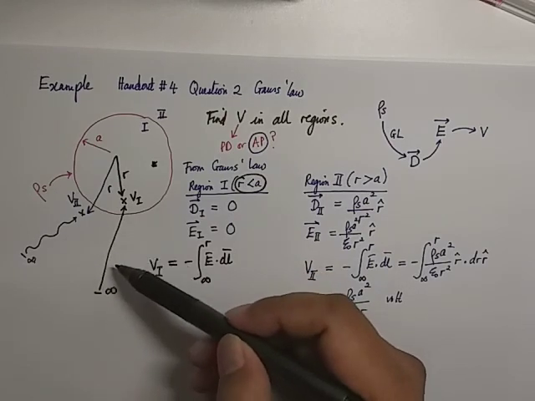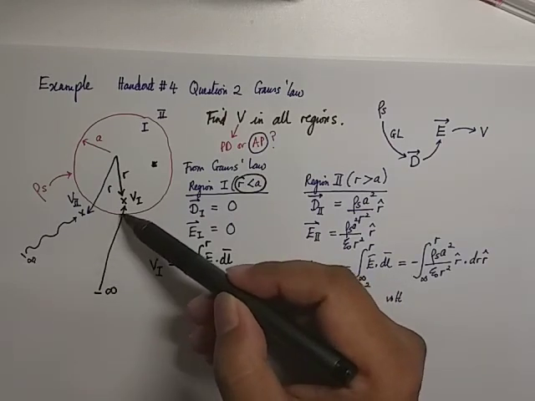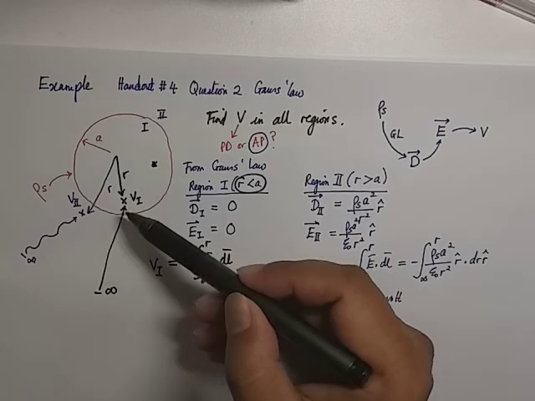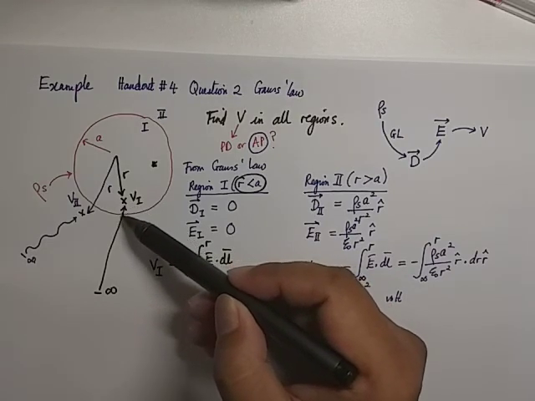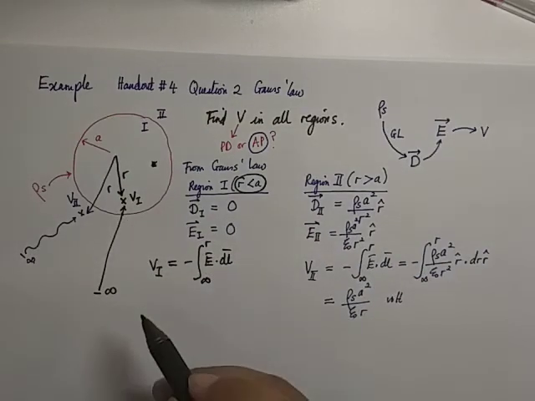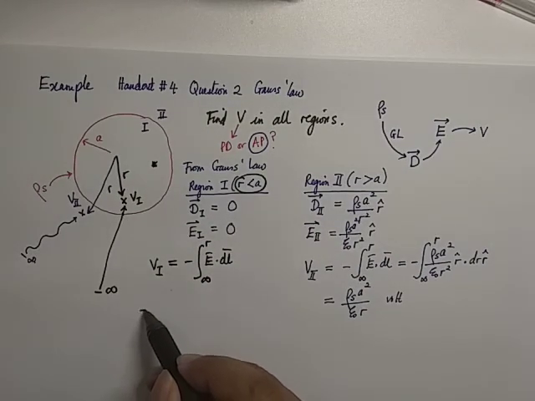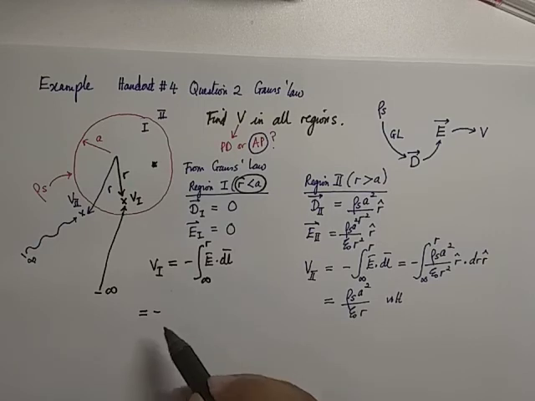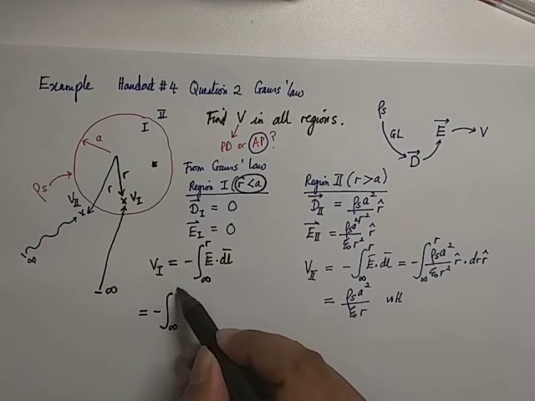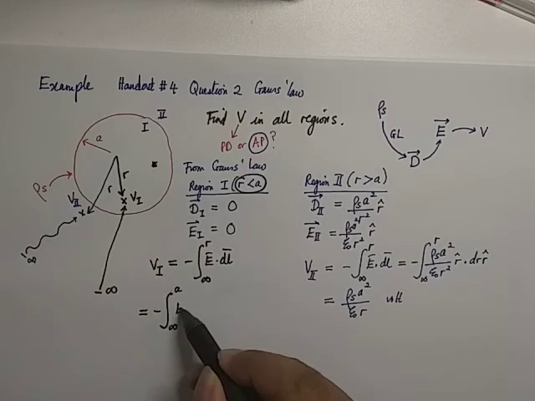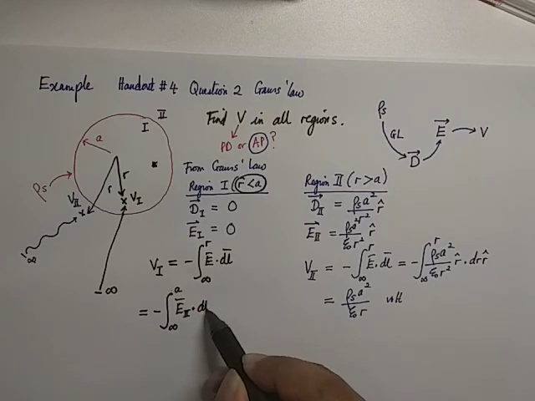We call it E2. And then from this position, moving to this ending position R, the E here is defined as E region 1. So in other words, I can expand the equation according to what I observe by saying from infinity to A, E region 2 dot dl.